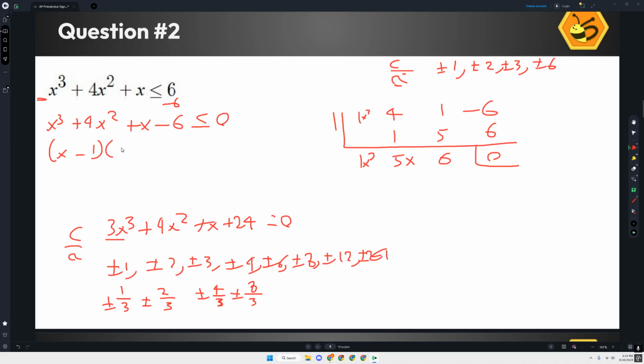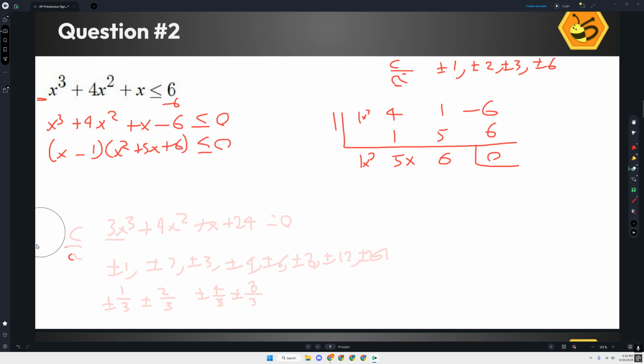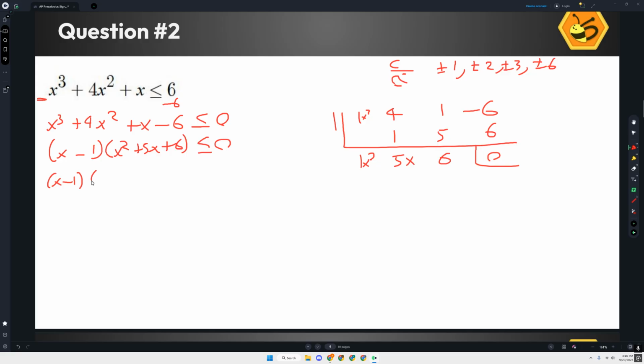So now it would be x squared plus 5x plus 6 is greater than or equal to 0. And I think you know how to factor x squared plus 5x plus 6, which would be x plus 3, x plus 2.